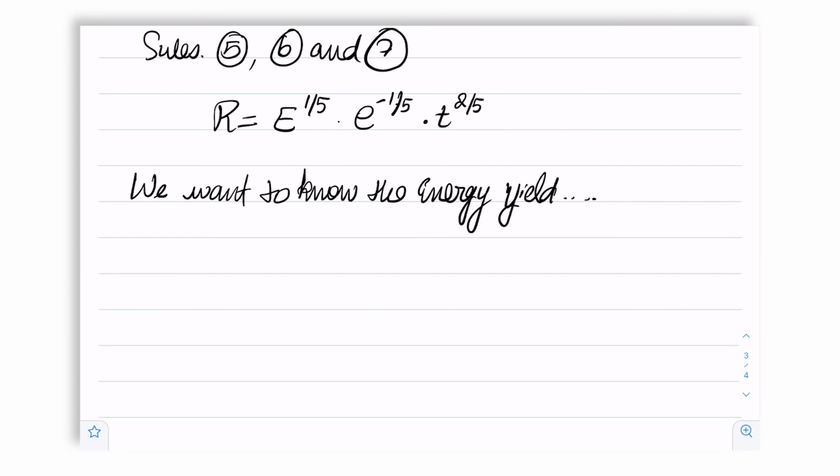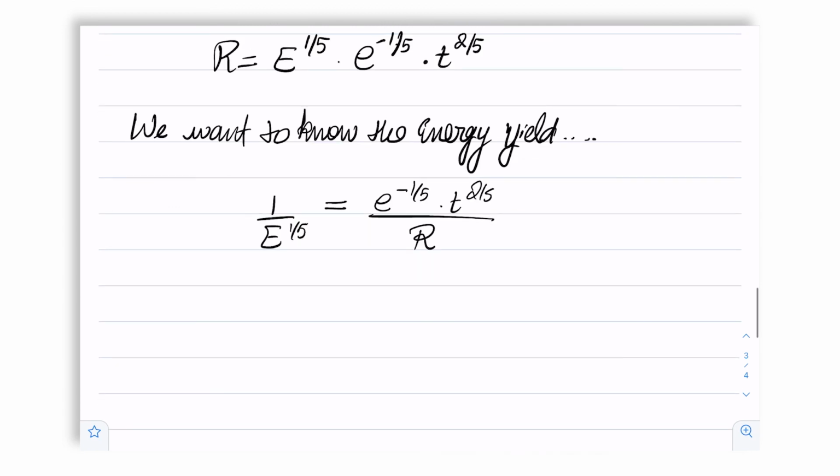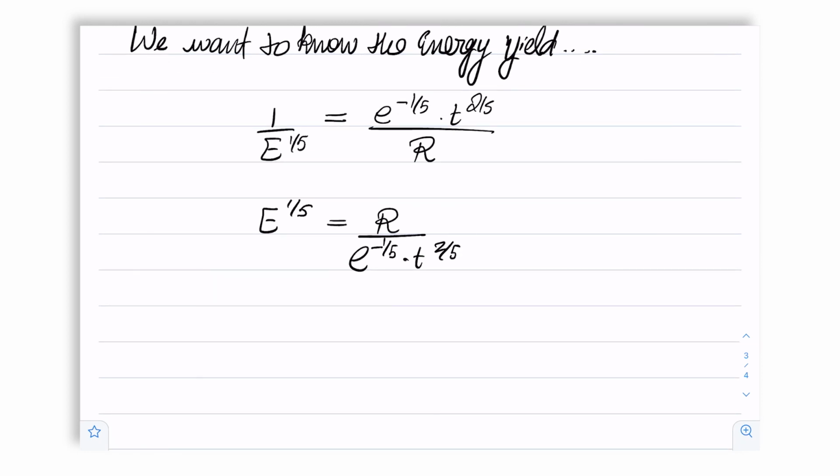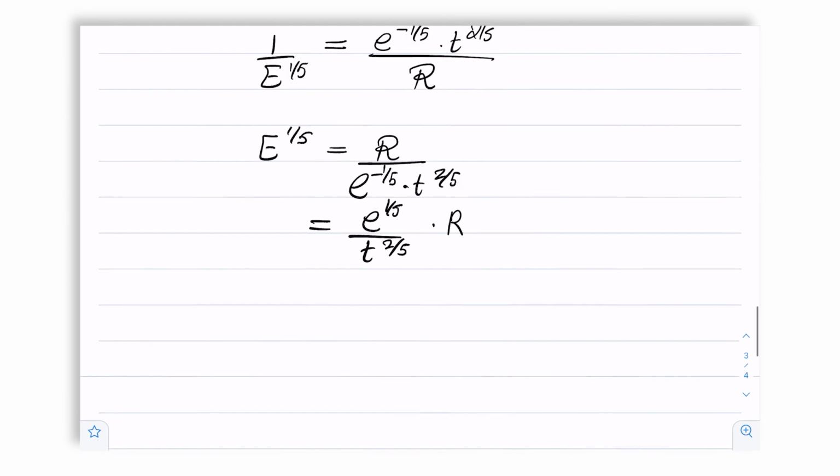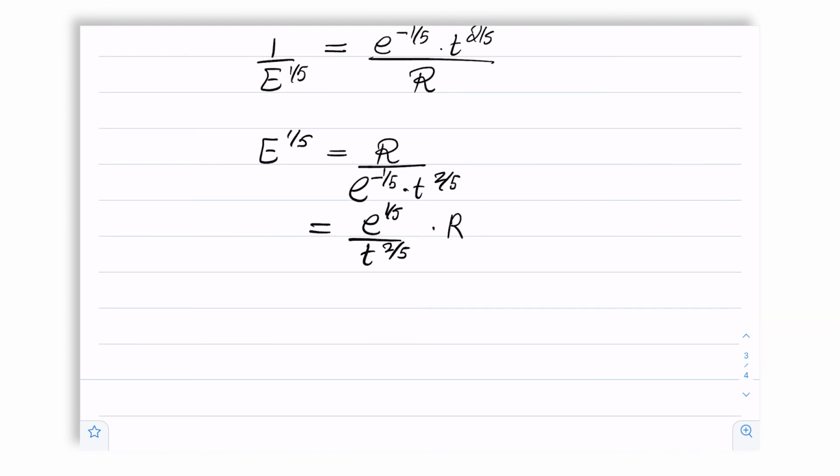before our independence. We get 1 by E to the power 1 by 5 is equal to rho to the power minus 1 by 5 t to the power 2 by 5 upon R. Inverting, we get E to the power 1 by 5 is equal to R upon rho to the power minus 1 by 5 into t to the power 2 by 5, which means we can write it as rho to the power 1 by 5 upon t to the power 2 by 5 into R. We take power 5 on both sides.